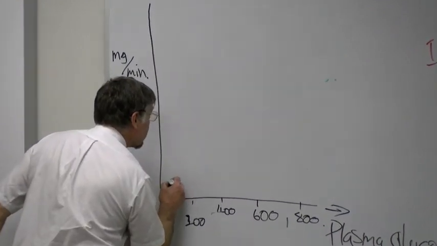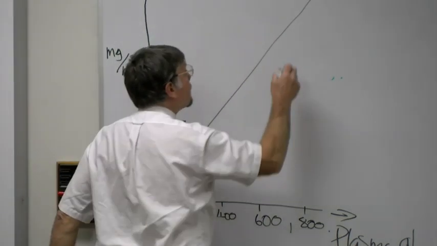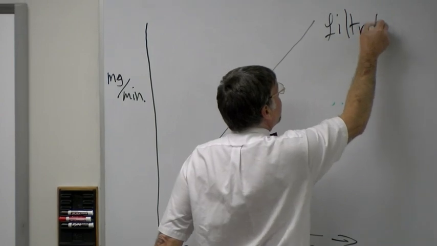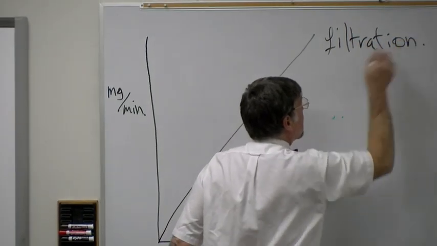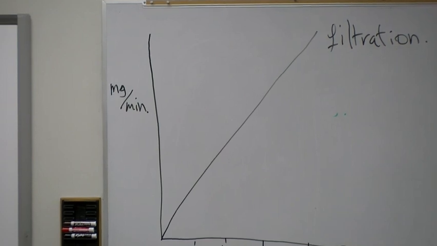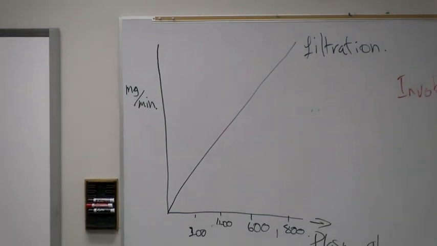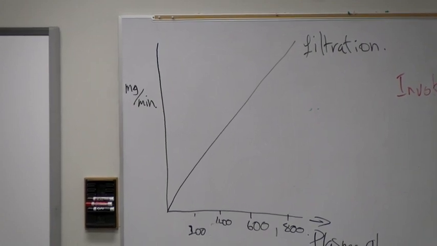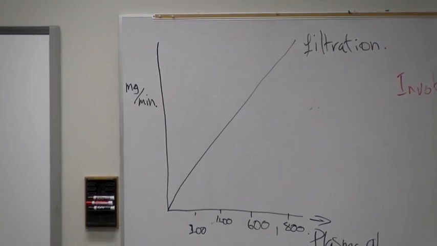Here is filtration, the amount of glucose that's filtered. Clearly, the filtered load of glucose is going to be directly related to the glucose concentration in plasma. So it should be a straight line.